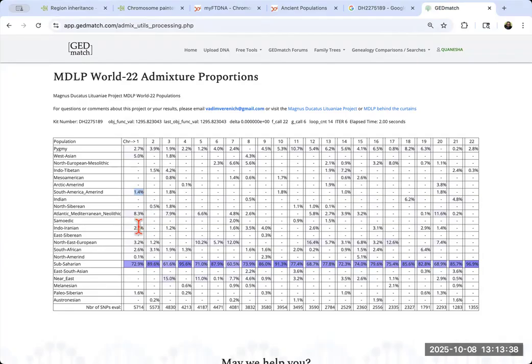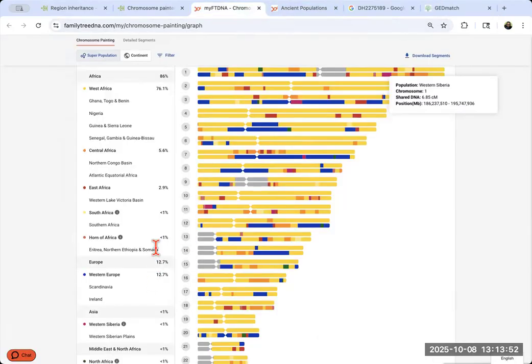There's an Indo-Iranian, Northeast European, you have South African, but you have these dominant. You have the Paleo-Siberian. So when I see Paleo-Siberian at 1.6% on chromosome 1, that would make sense why it says Western Siberia is less than 0.1%.